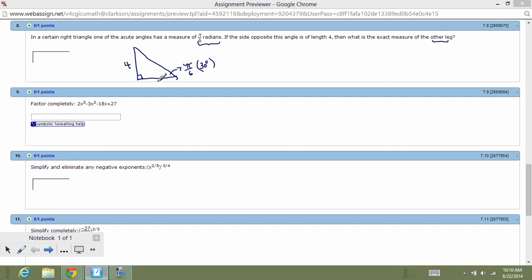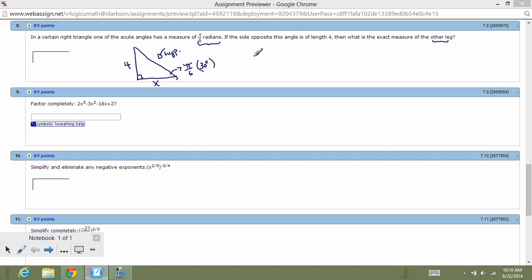Now the other leg would be this side right here, the side that produces the right angle with the side that's been identified as a 4. The other side of the triangle is not a leg. Remember, this would be the hypotenuse, and so they're saying what's the length of the other leg?